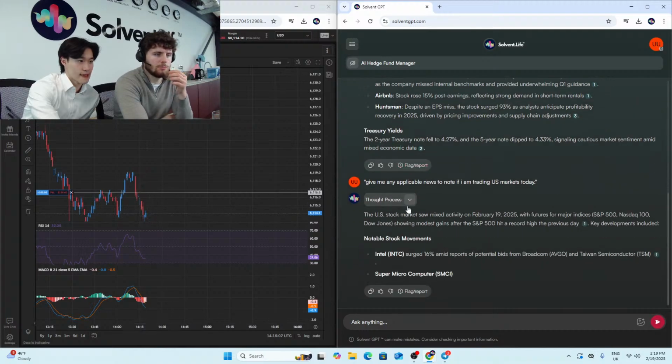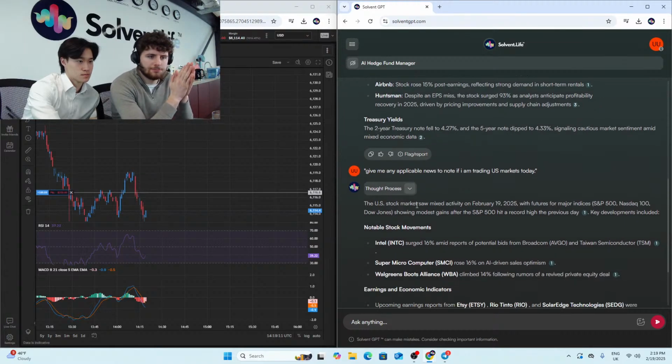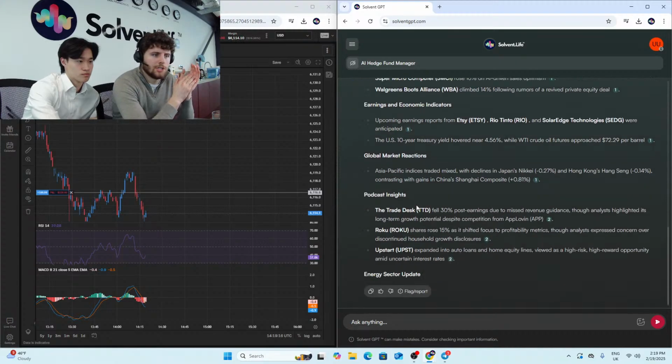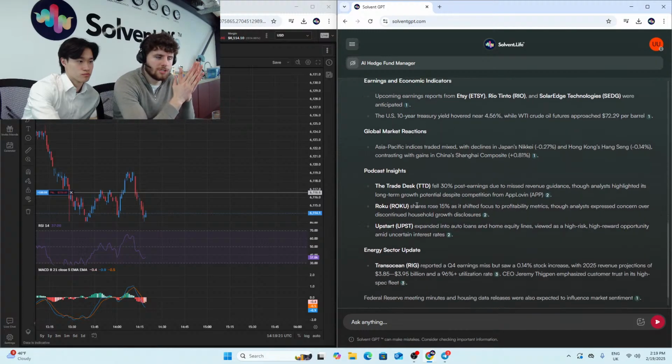Fantastic. So the US stock market saw mixed activity on February the 19th. Intel surging about 16%. Super Micro Computer rose 16% as well.